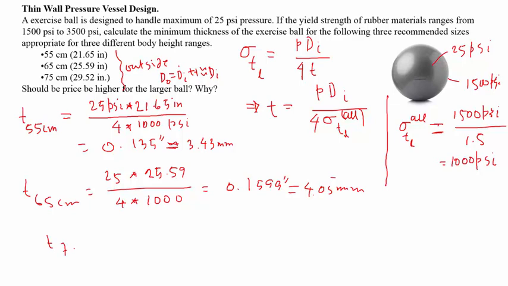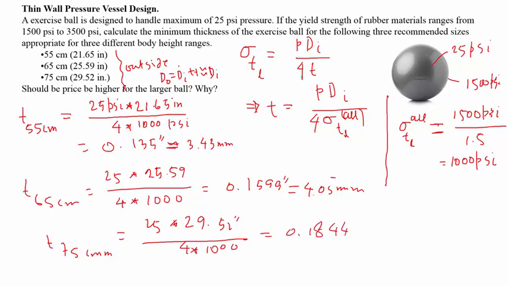And then T75 I have calculated for the 75 centimeter ball, 25 internal pressure, and the diameter is 29.52 inches, divided by 4 times the same material, 1000 psi allowable. I have got 0.1844 inches, which is about 4.5 millimeter. So these are the thicknesses you need for these different size balls.